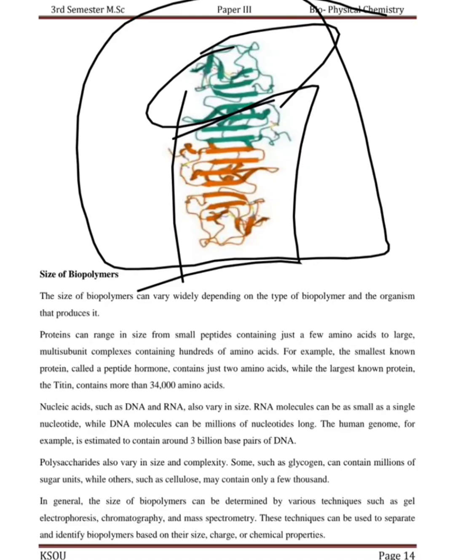This is an example structure for a protein. Proteins can range in size from small peptides containing just a few amino acids to large complexes containing hundreds, up to thousands, of amino acids.